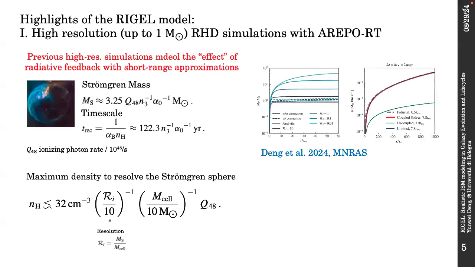This is what my first paper in my life has done. We studied the impact of numerical resolution on the ionization feedback from young massive stars, and we found that the feedback can be enhanced when the spatial resolution is insufficient or low, but reduced when the temporal resolution is low, that is, when the simulation time step is too large.